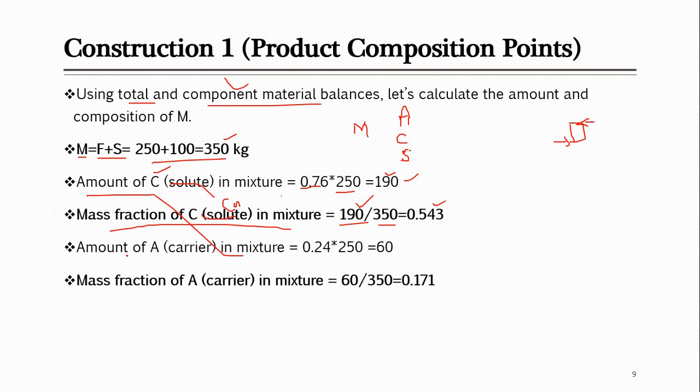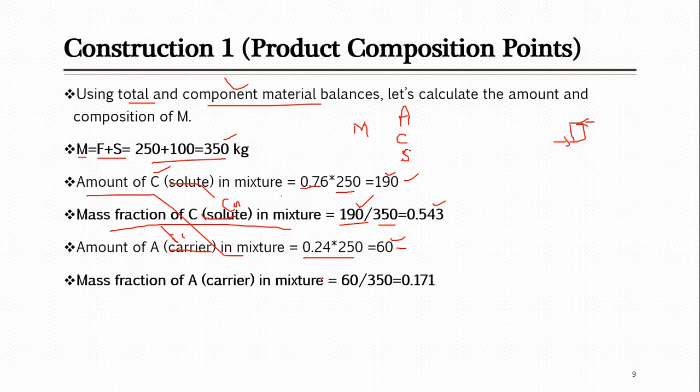Like for A, here A is solute, now they are just interchanged, sorry for this. So A is solute actually, and C is the carrier, so correct it. And it will be 0.24, because we know that A was 24%, so multiply by the total amount, and this is the only component which was part of only the feed.